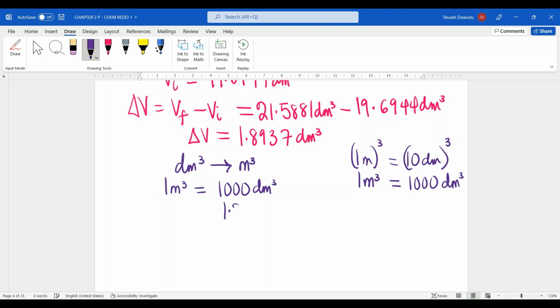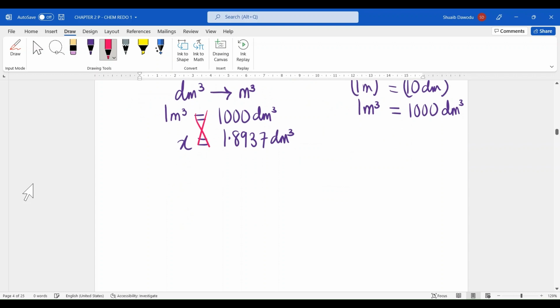So 1.8937 decimeter cube is equal to X. You cross multiply, and then X is equal to 1 meter cube times 1.8937 decimeter cube divided by 1000 decimeter cube.